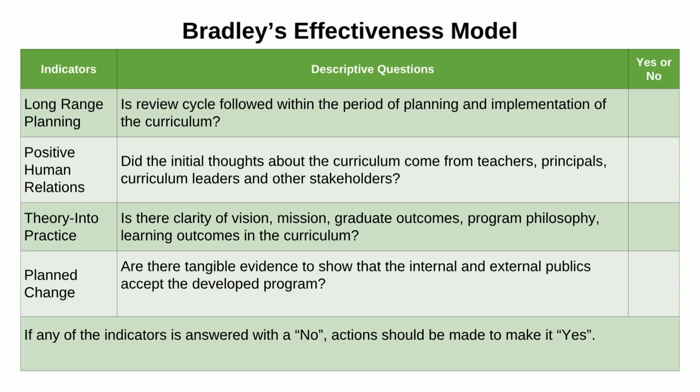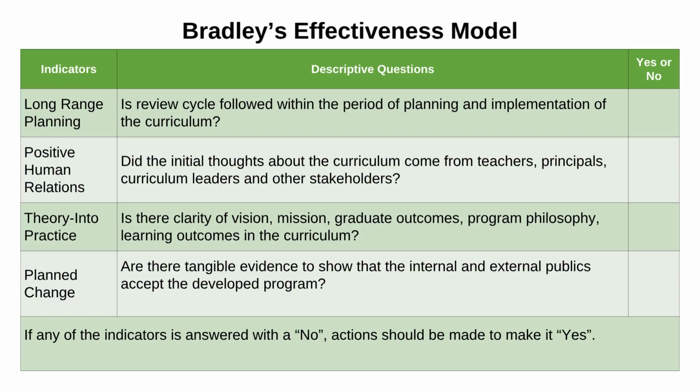Review the curriculum to check if the vision, mission, and expected graduate outcomes are explicitly stated. Interview faculty members to assess whether they feel aligned with the program's philosophy. Examine course descriptions and objectives to determine if they reflect the program's overarching goals.